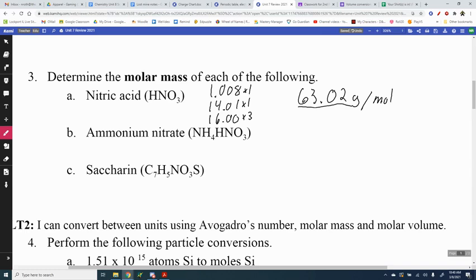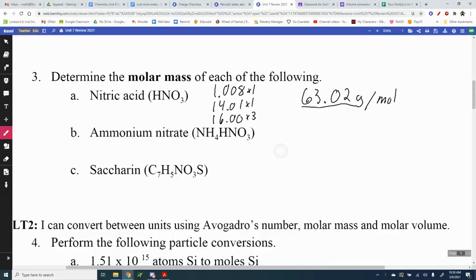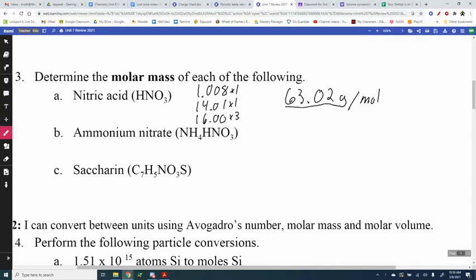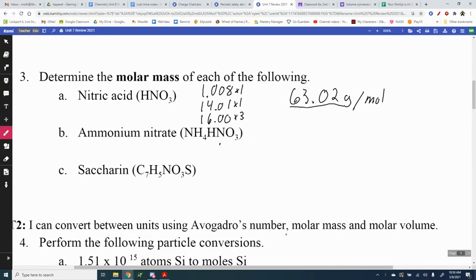Now, ammonium nitrate, NH4NO3. These are the same elements as our last one, so we don't even have to look them up. N is 14.01, H is 1.008, and O is 16.00.